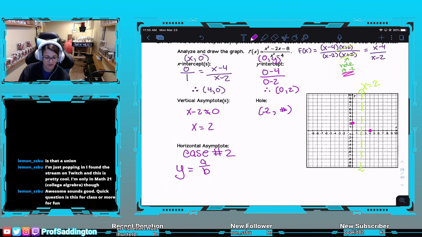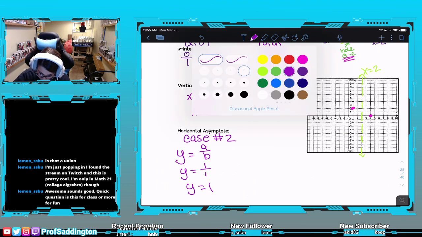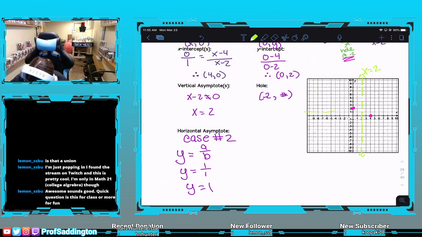Because it's x minus 4 and x minus 2, or even if you use the original, we have x squared and x squared, both those coefficients are 1. So we really have 1 over 1. So therefore, y equals 1 is going to be another asymptote. And I'm going to sketch that in with dashed lines. y equals 1.